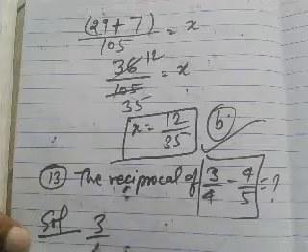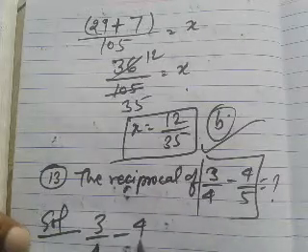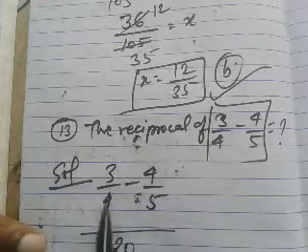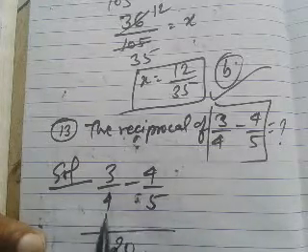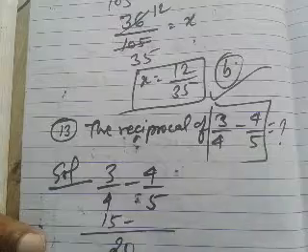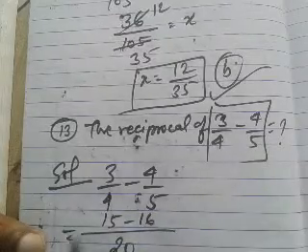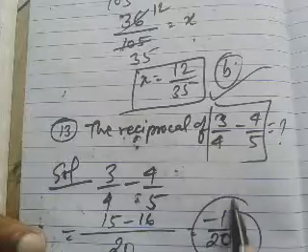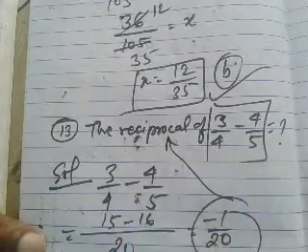Solution: 3 upon 4 minus 4 upon 5. In this case we will take LCM 20. 4 5s are 20 and 5 3s are 15, minus 4 4s are 16. This will give minus 1 upon 20. But in the question, find the reciprocal of this.